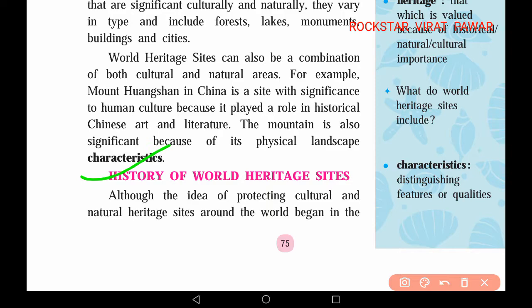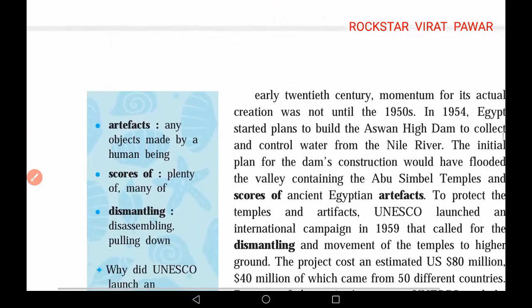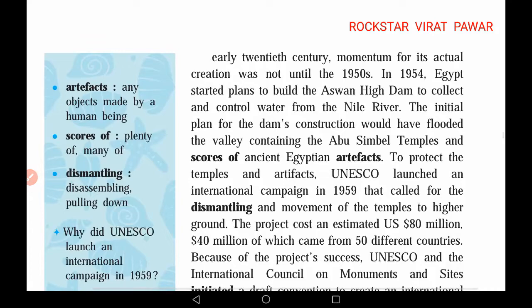See, the history of the World Heritage Sites. Although the idea of protecting cultural and natural heritage sites around the world began in the early 20th century, its actual creation was not until 1950.